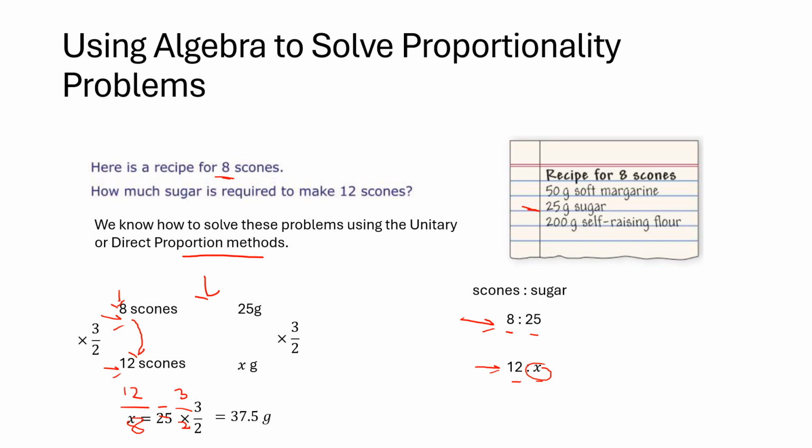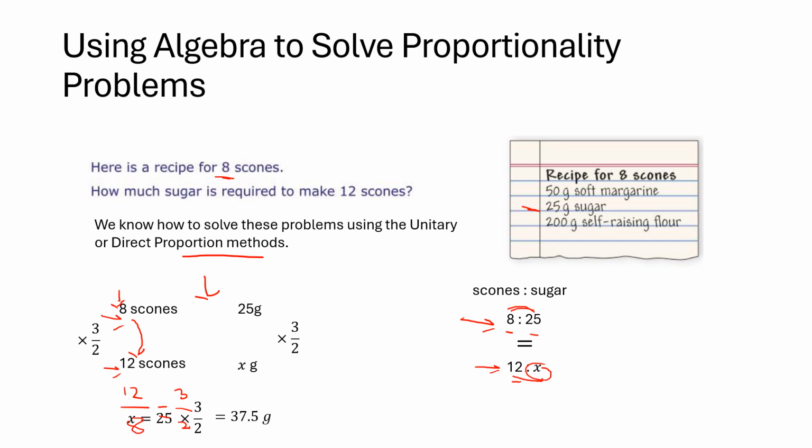Now, because we know that these two pairs of quantities are directly proportional to one another, if these numbers are scaled up and down, yes, their values will change, but the ratio of these numbers relative to one another will always be the same. So this ratio is the same as this ratio. These two ratios are in fact equal.